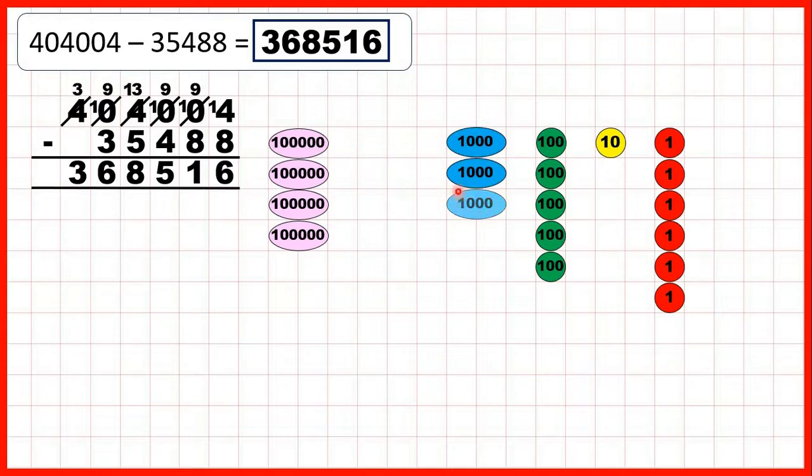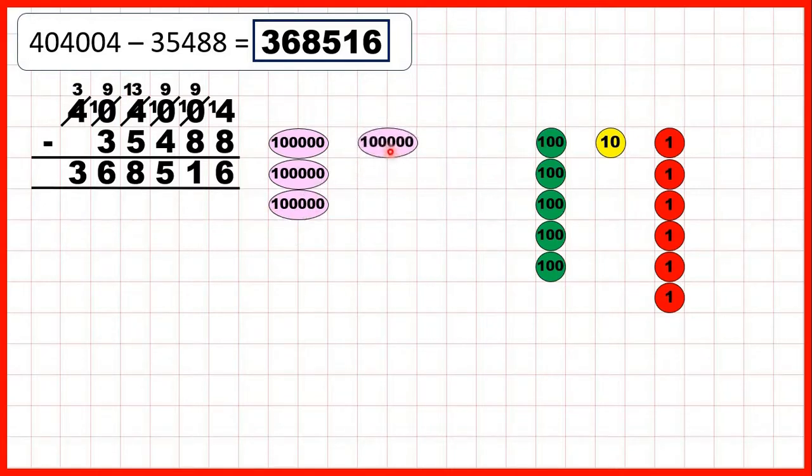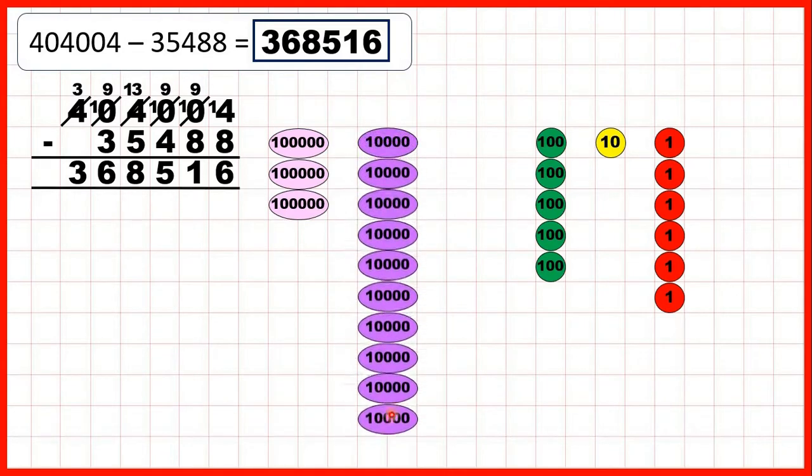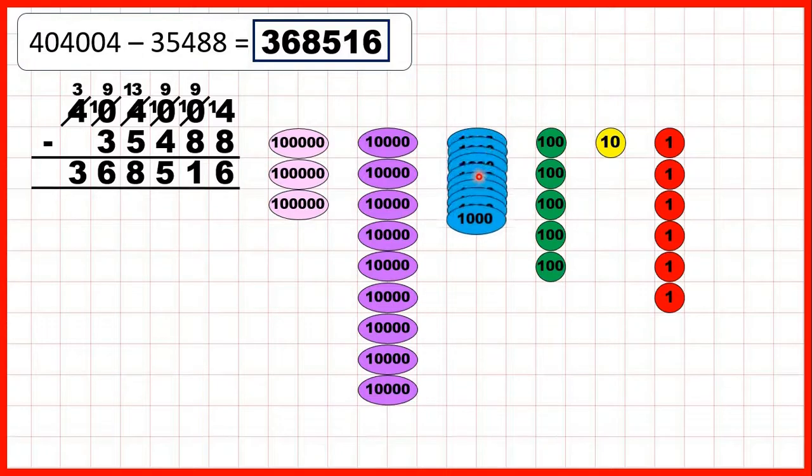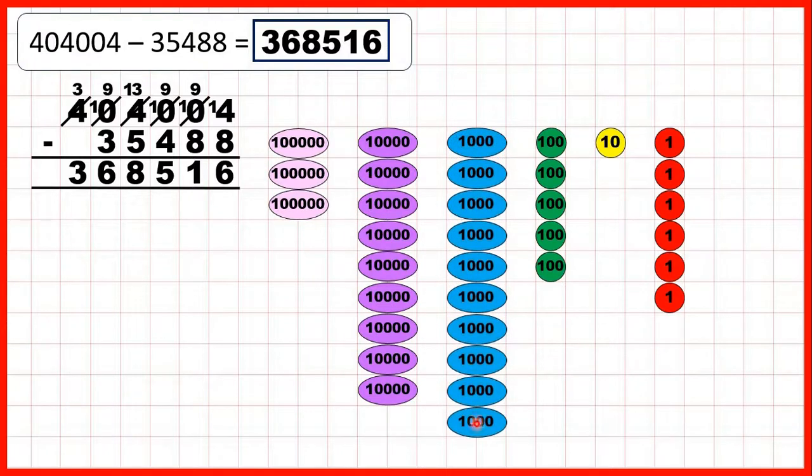So we can subtract 3 thousands, then exchange one of our 100,000 counters for 10 10,000s, and then take one of our 10,000s and exchange that for 10 thousands. So now we've subtracted 3 of our thousands, so to subtract 5, we just need to subtract 2 more, and that means we have 8 as the thousands digit of our answer.